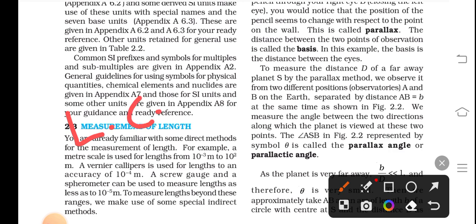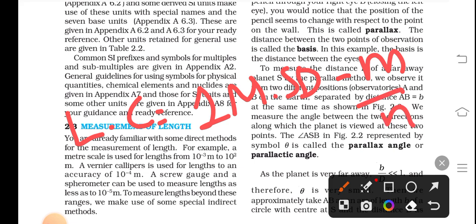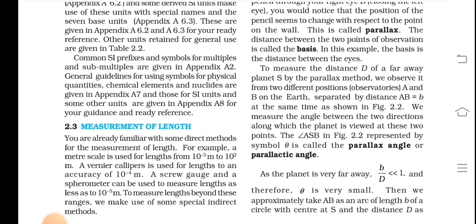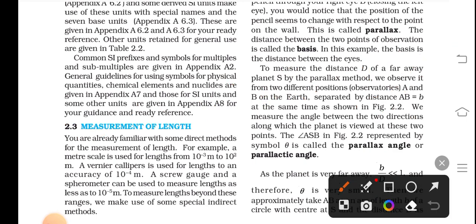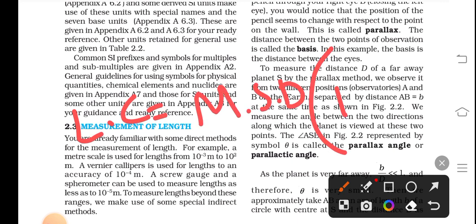Least count is equal to one main scale division minus one vernier scale division, and one vernier scale division is equal to m by n times the main scale division. So take common. Least count is equal to main scale division times (1 minus m by n).